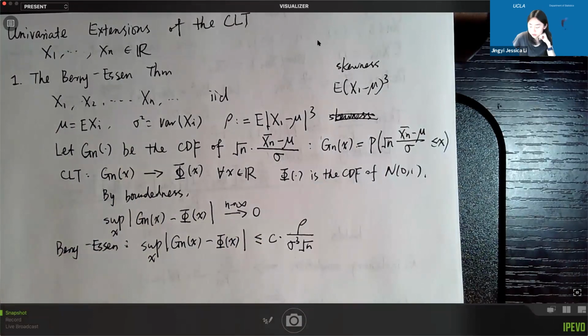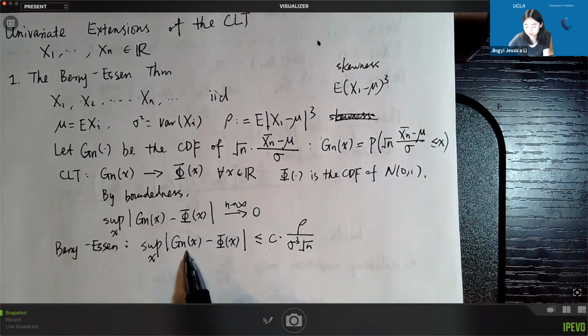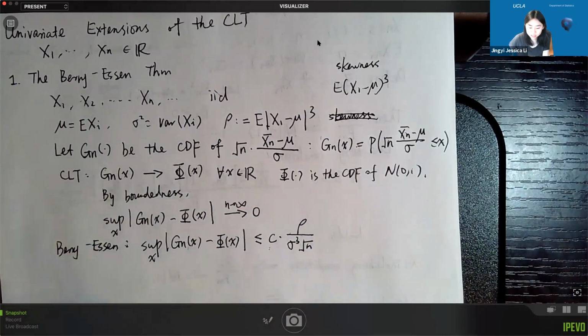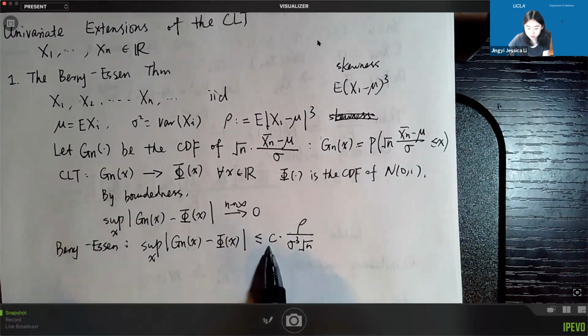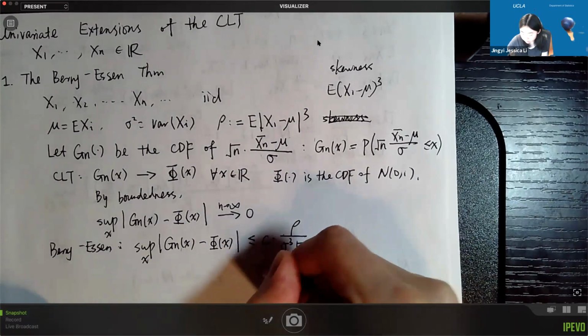This is a very interesting result because the constant does not depend on the distribution of X1 to Xn. This is a constant, and the most recent constant people have derived is approximately 1/2. So this is a pretty small number now.